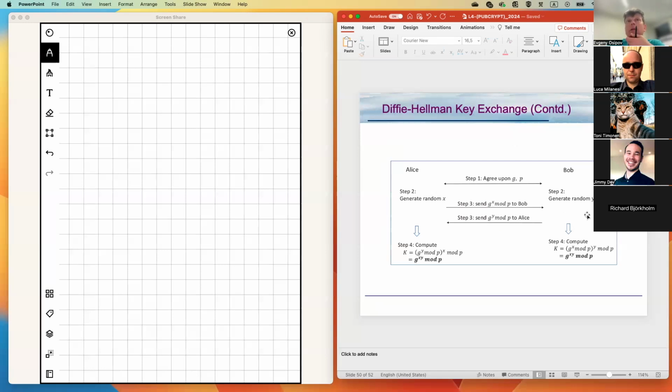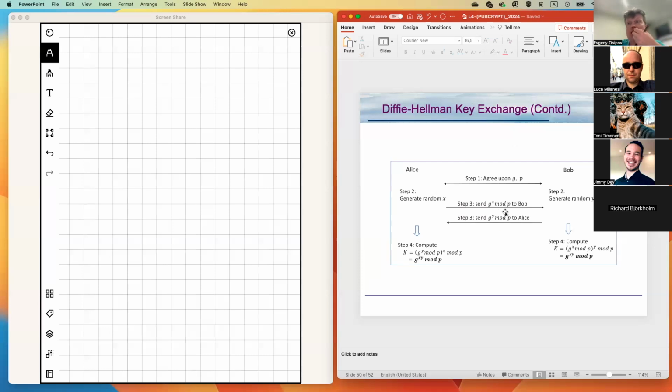He keeps it secret and computes the same formula, and sends the result of the computation to Alice. So now they exchange these numbers.